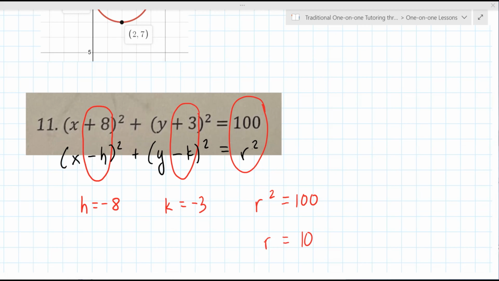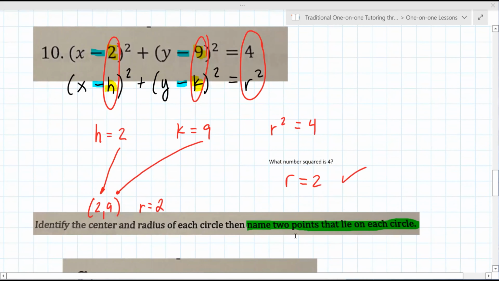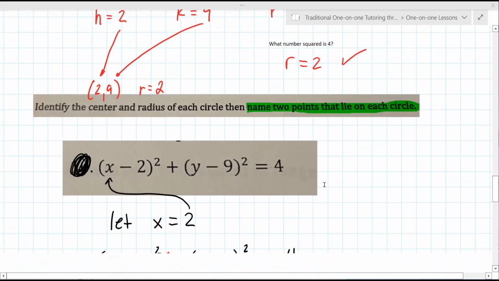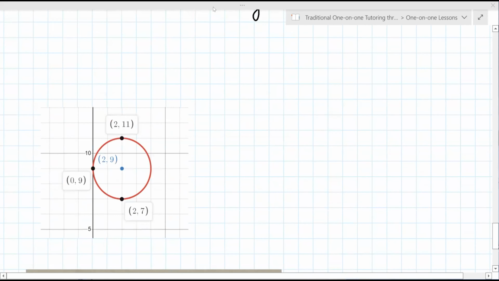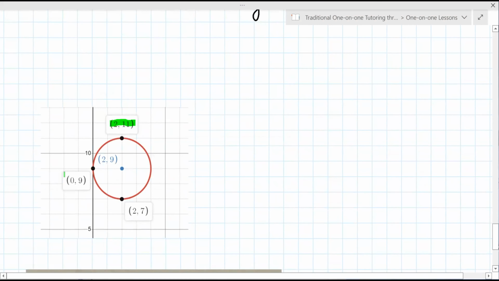So for 10, the answer is 2. For 10, you need to identify the center, which is (2, 9), and the radius, which is 2. Do you have that down? Then name 2 points that lie on the circle. You have to write down 2 of these points here.